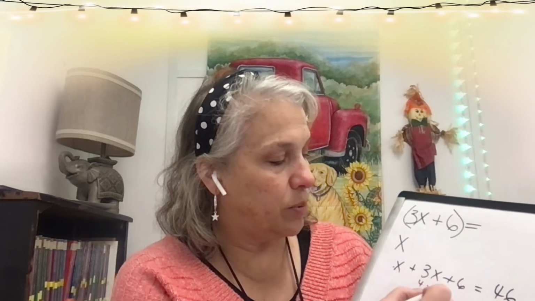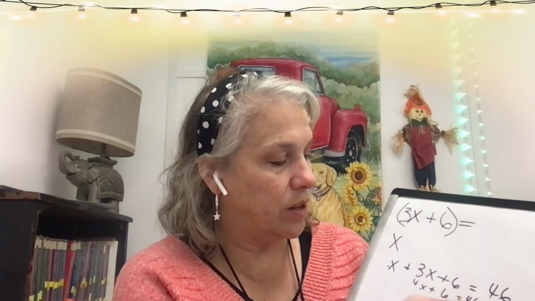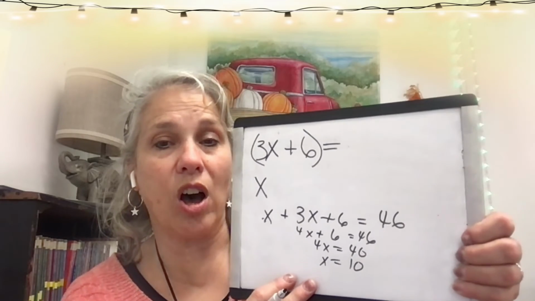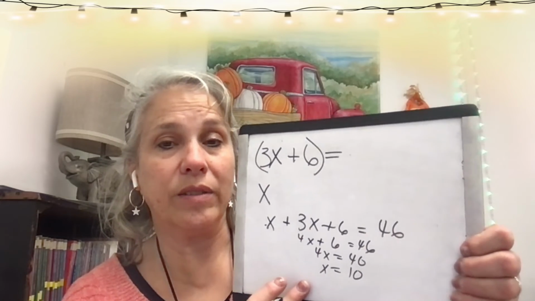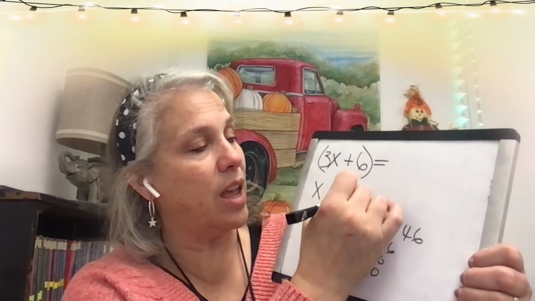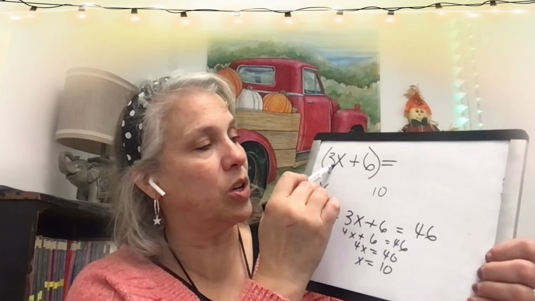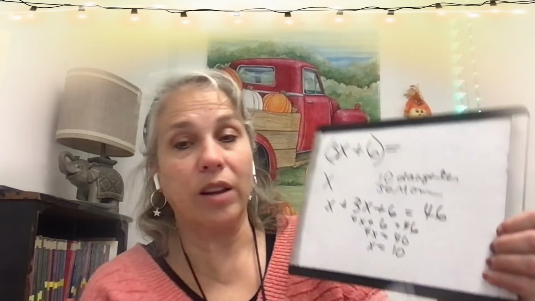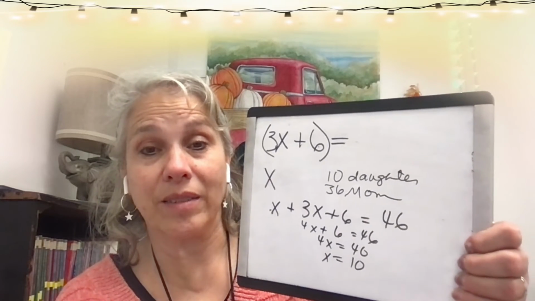So 4x plus 6 equals 46. 4x equals 40. x equals 10. So it looks like the daughter is 10. So if the daughter is 10, the mother would be 30 plus 6, which is 36. So the daughter is 10, mom is 36, and it looks like that makes sense.